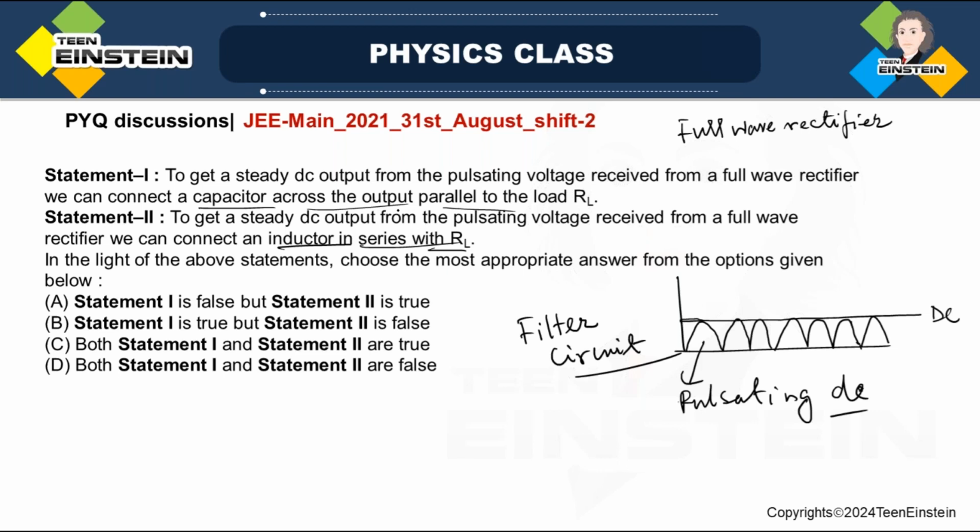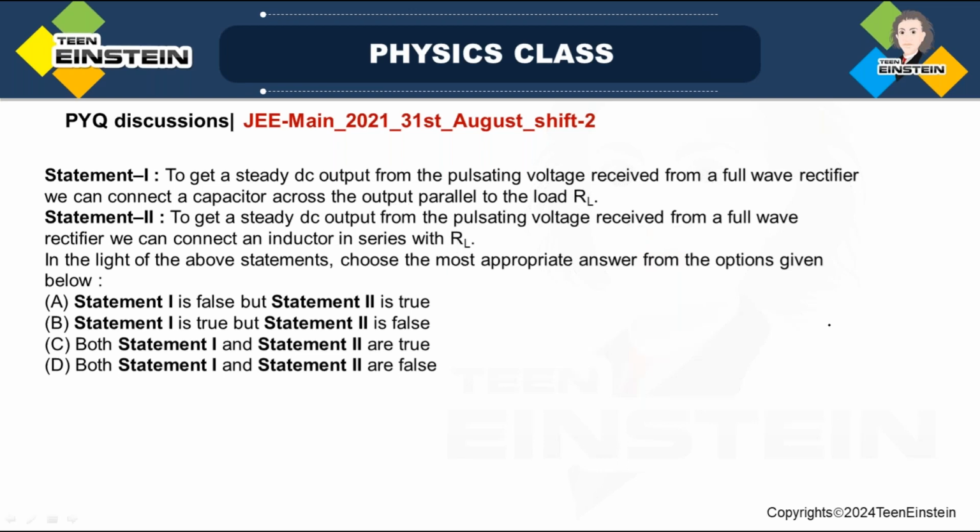Either you can use a capacitor to get steady DC value from the pulsating DC output of the full wave rectifier, or you can use an inductor in series with the load resistor to get the same steady DC output. Let me show you the figure. So here both statement 1 and 2 are correct. So option C will be the correct answer.